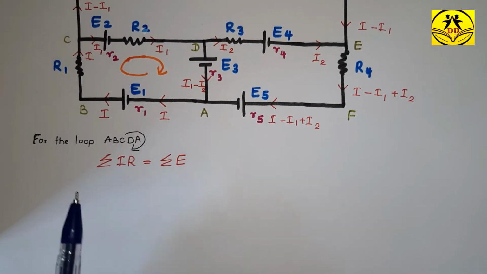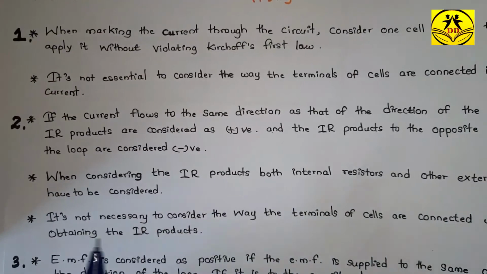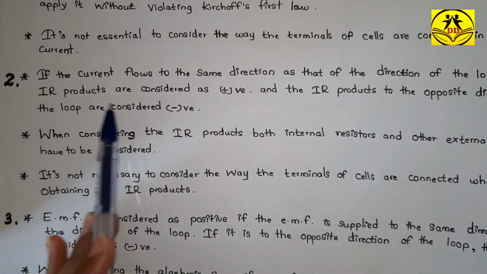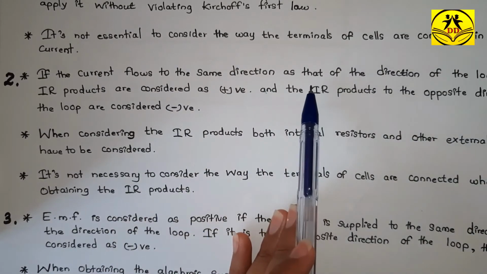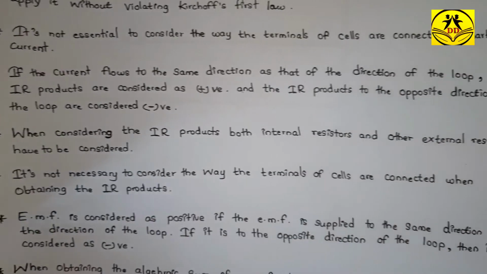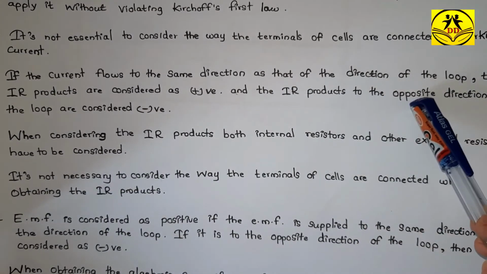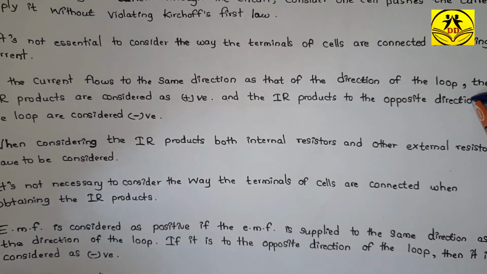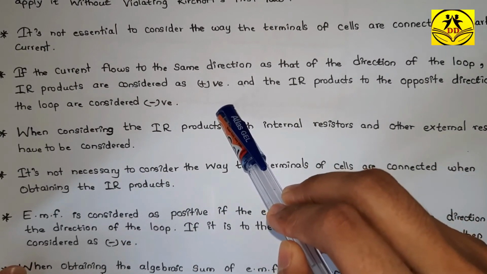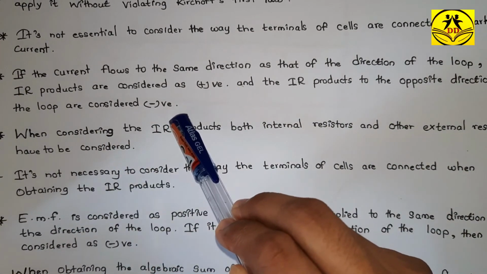Now there are factors to be considered when finding the IR products. I have written it under this second point. If the current flows in the same direction as the direction of the loop, the IR products are considered positive, and the IR products in the opposite direction of the loop are considered negative.